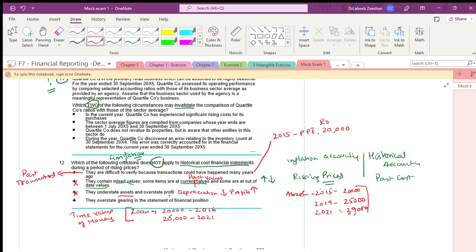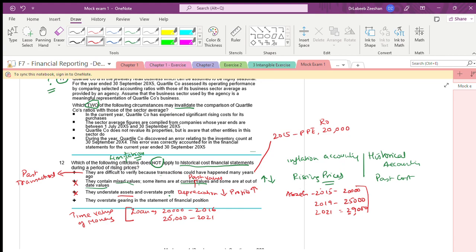Historical cost says that we should never ever change the values. But inflation accounting says that it has to be presented in the current purchasing power values. If that is the case, the loan amount will be overstated. Is it right?